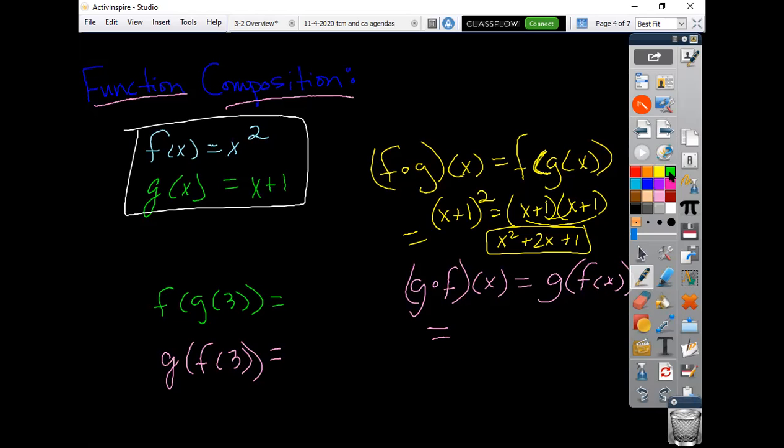For me, writing it this way makes more sense about what I'm really supposed to do, because on this one, I'm taking my f formula and putting it in place of the x in g. So I'm putting the f formula into g when it's inside the parentheses there. On this one, take the x squared from f and put it in place of this x. So this one's just x squared plus 1.